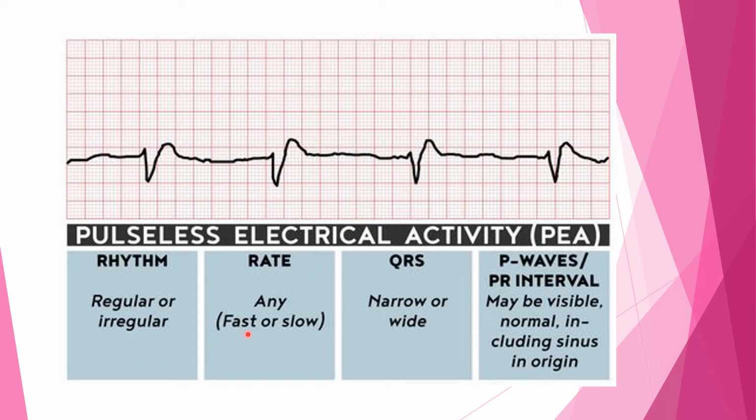The rate may be fast, may be slow. The QRS may be narrow, may be wide, maybe there is a P wave, maybe no P wave. The more important thing is an organized rhythm, but no pulse. So this is PEA, and the patient needs high quality CPR and medication. Don't forget to treat reversible causes.